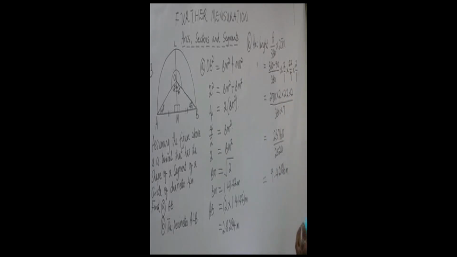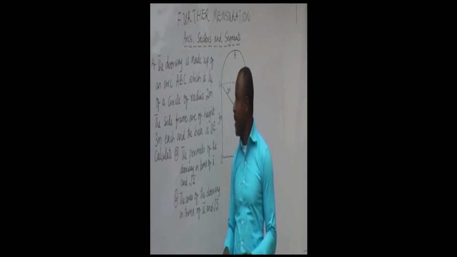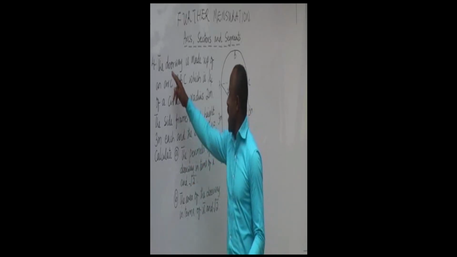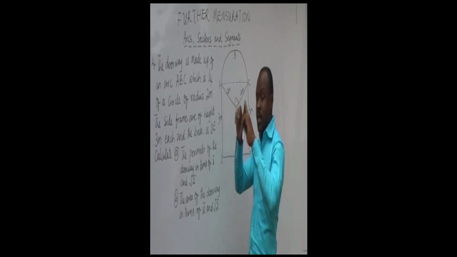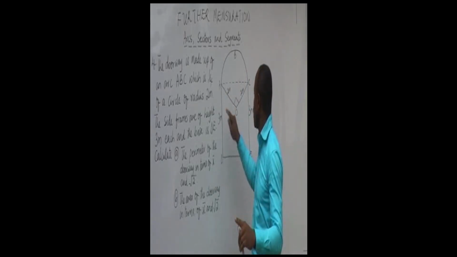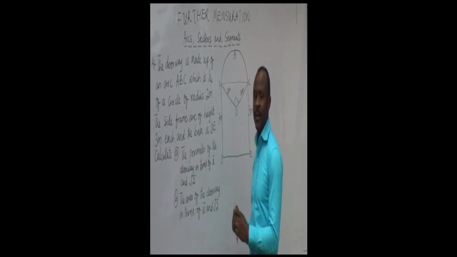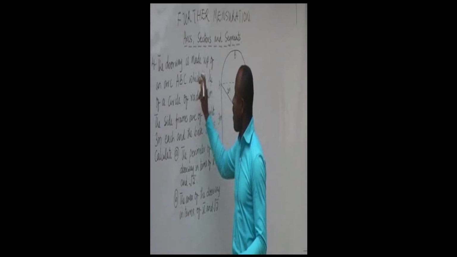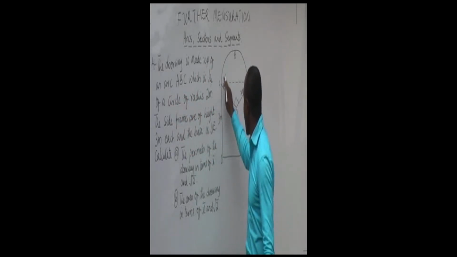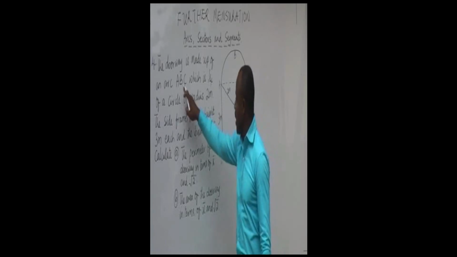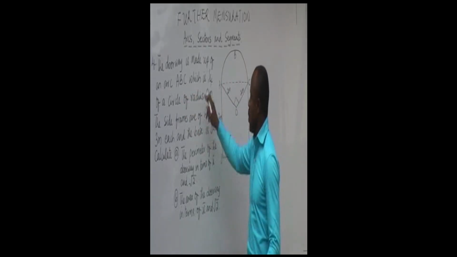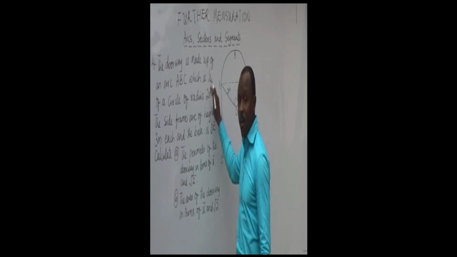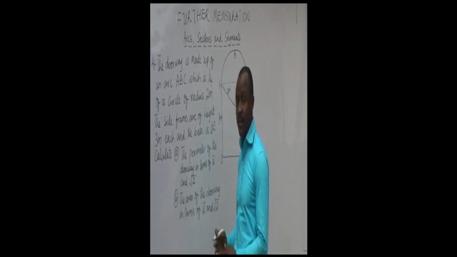Question number 4 says that the doorway, this structure is the structure of a door, maybe the door of a church because of this arc. It's made up of an arc, ABC, which is 1/4 of a circle.